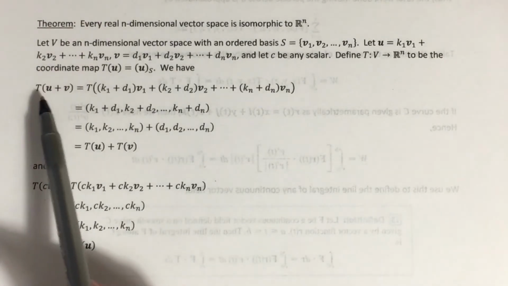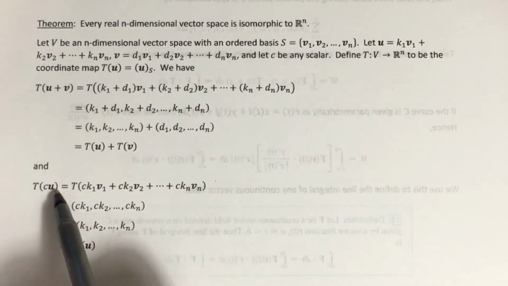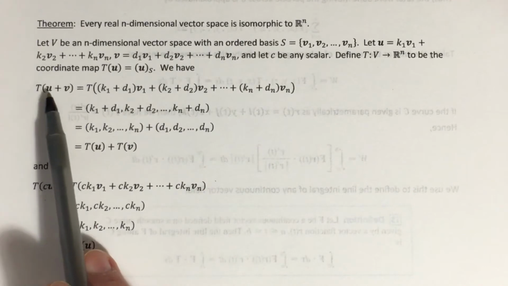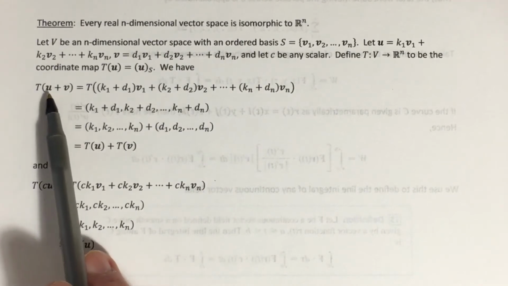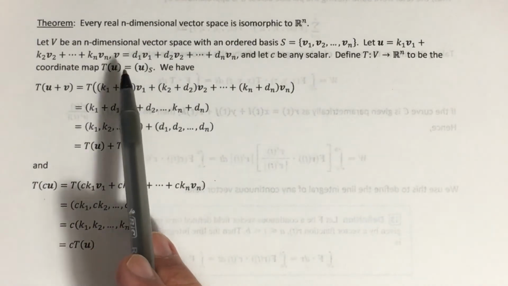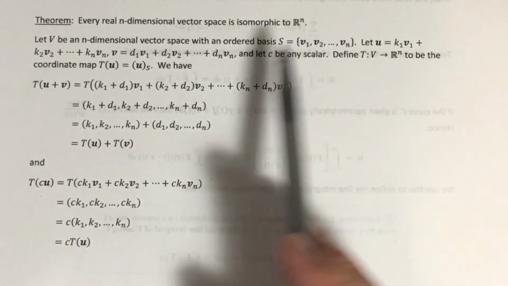So to that end, to show that it's a linear transformation, we need to show that it has the additive and homogeneity properties. So the additive property, T of U plus V. Well, if I'm adding U plus V, U and V were given up here in the form of linear combinations of the same basis vectors, V1 through Vn.